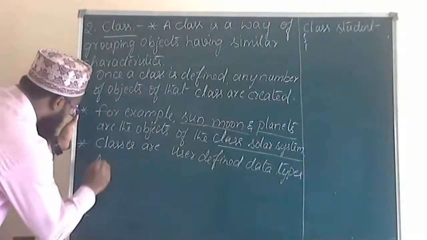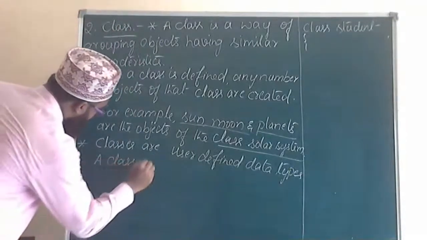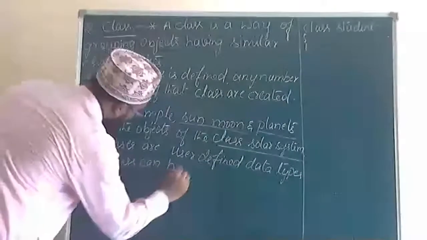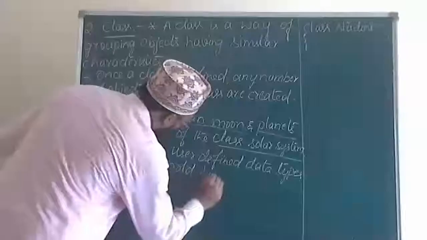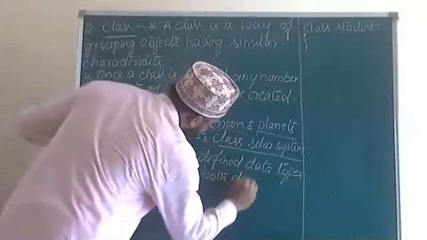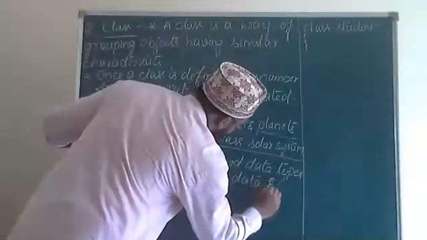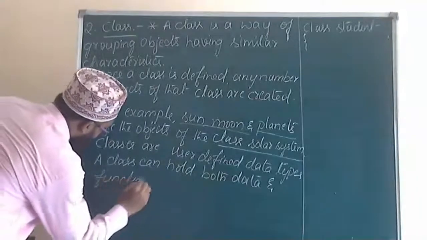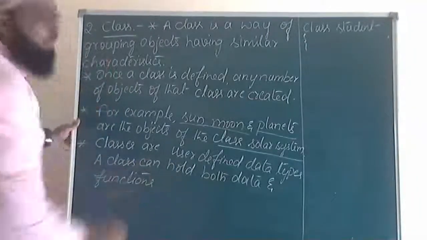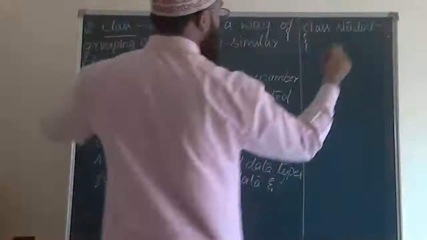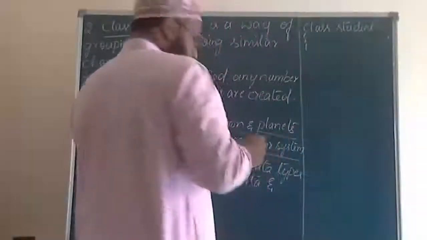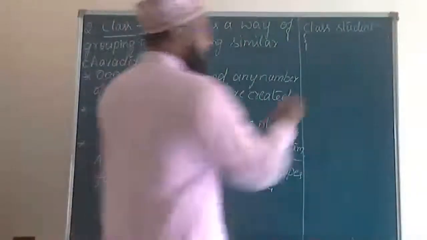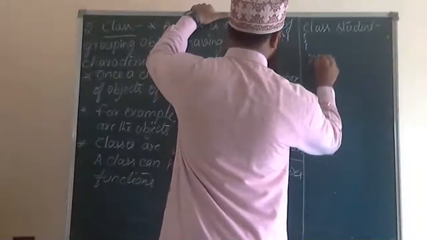A class can hold both data and functions. It is a user defined data type, meaning whichever name you want, you can give here. Under it, two access specifiers will always be there. The first one is private.